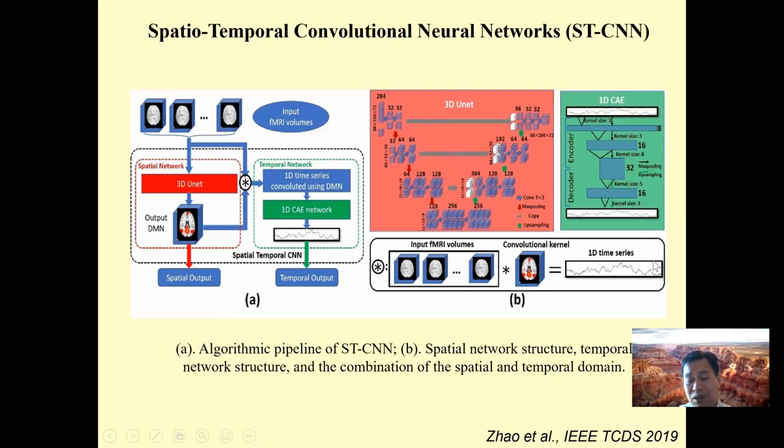This time series is considered as the correlation between the convolution kernel and the original volume. In this sense, we extract the volume brain network and its activity time series at the same time. That is the whole objective of this spatial temporal convolutional network.